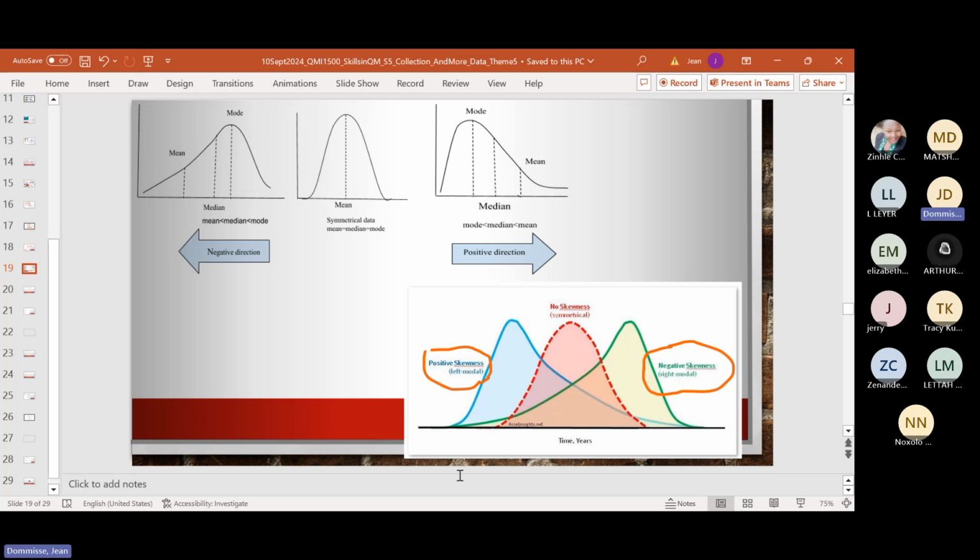So that's why I include both, so that you can see both.